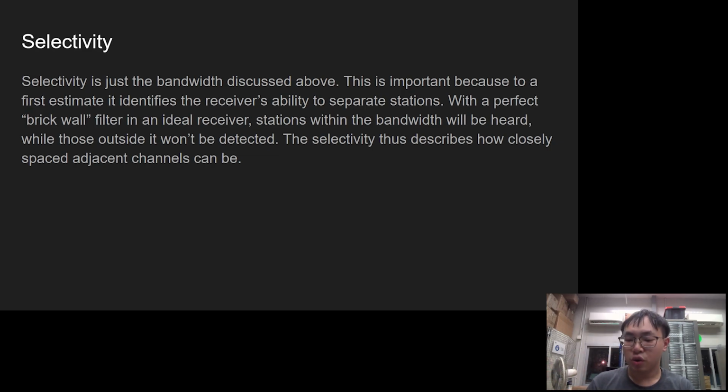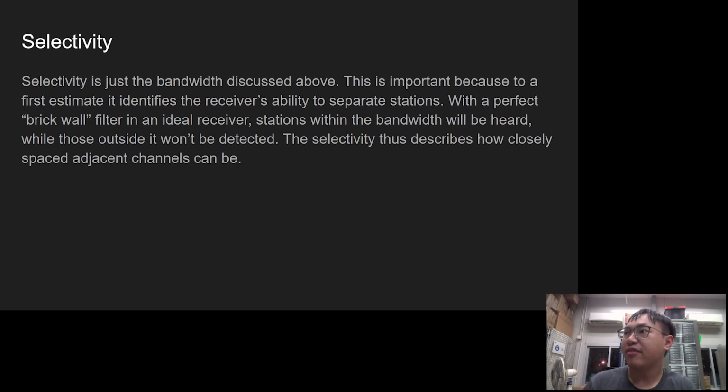So if your selectivity is very low, it can only receive a very wide range, like 15 kHz. So you will receive multiple channels at the same time, which is not what we want to receive. So that's why we talk about selectivity.